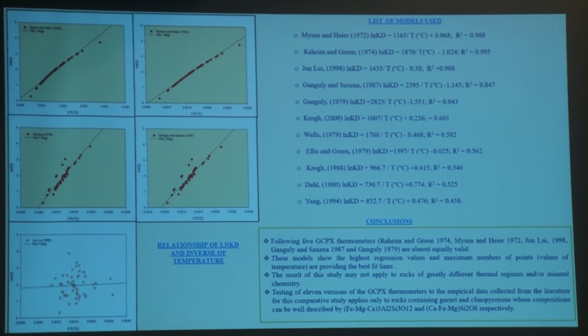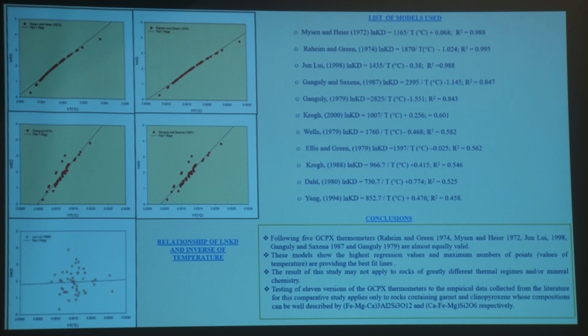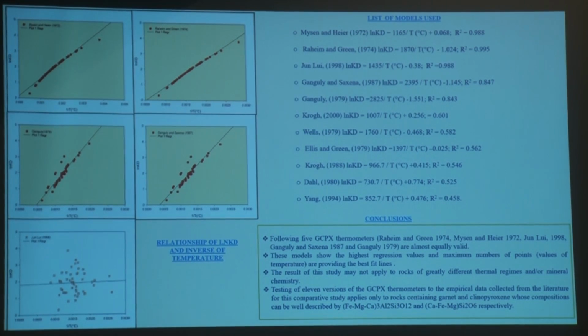If you have data, especially for temperature, and plot the temperature with 1 by Allen Keddy, you can easily find the regression analysis, and the regression is close to 1. On the basis of that, I have suggested that these models are best applicable for garnet-orthopyroxene pair thermometers compared to other models.